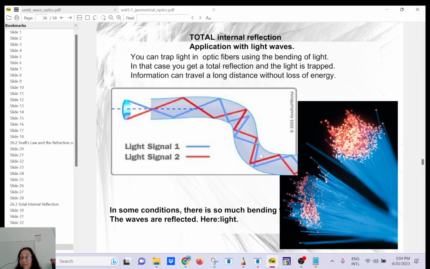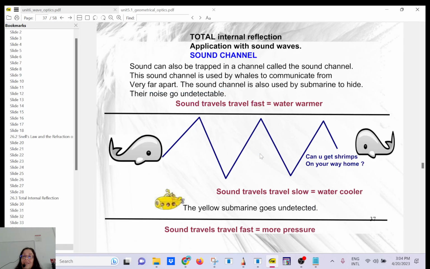Exactly. Very expensive. So another thing is that since you are in marine biology, I don't know if you know, but in the ocean, you have something called the sound channel. Here the speed of sound is faster because the temperature is warmer, right?